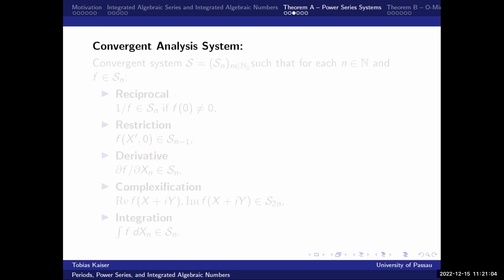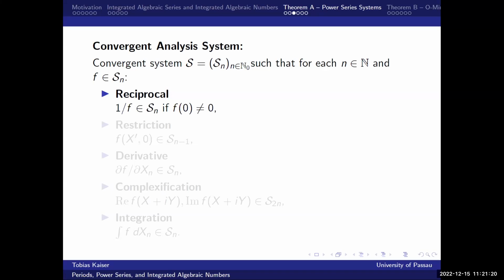Okay, and what is a convergent analysis system? It's a convergent system, as defined before, such that the following holds. Well, again, we are allowed to take reciprocals of power series not vanishing at the origin.